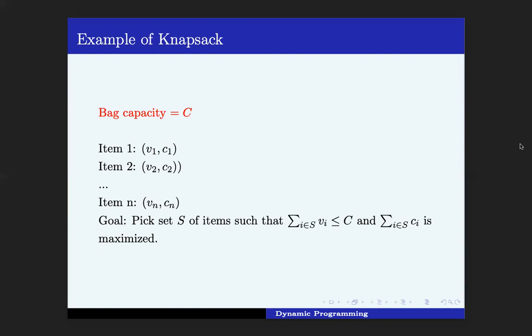Okay, if I tell you that the bag has capacity 1 million or say 1 lakh, then what is my input size? What is my input size?